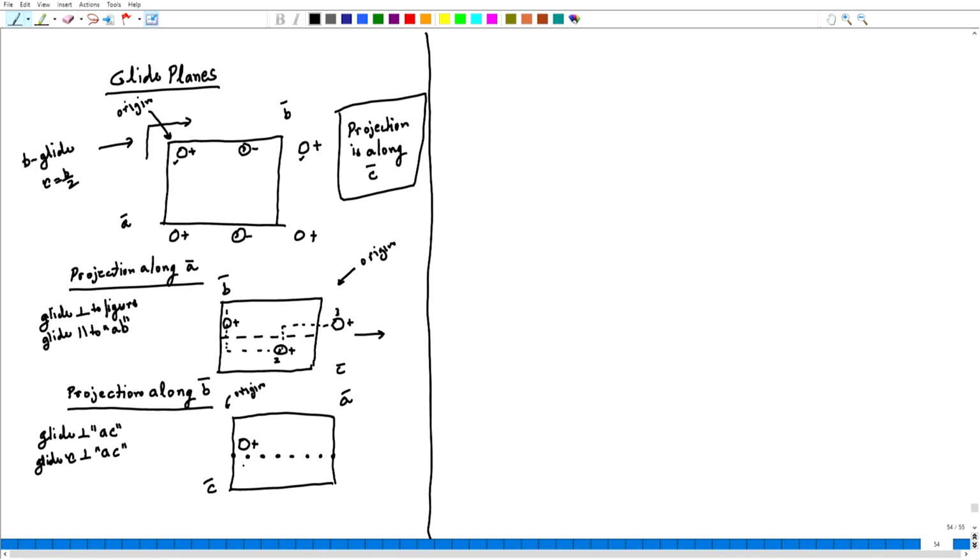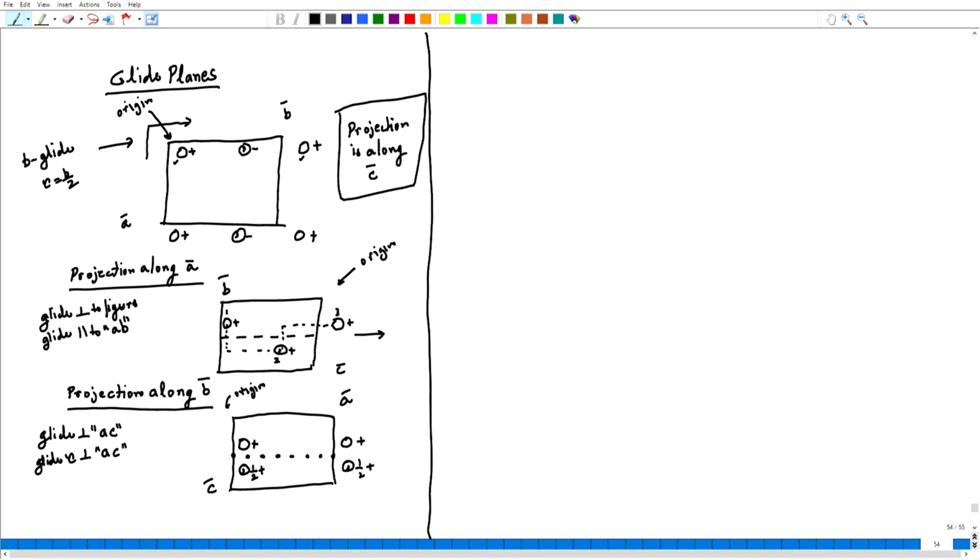So, this would be indicated first of all by a handedness change and it goes up by half the lattice translation, half of the B vector. The lattice translation now will take both of these motifs out here. So, all the three I have drawn are basically referring to the same glide plane in the same setting.